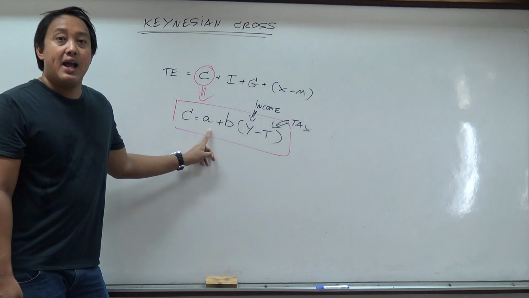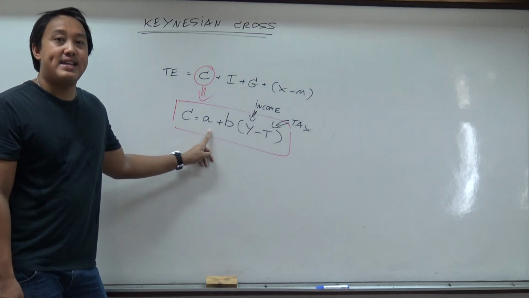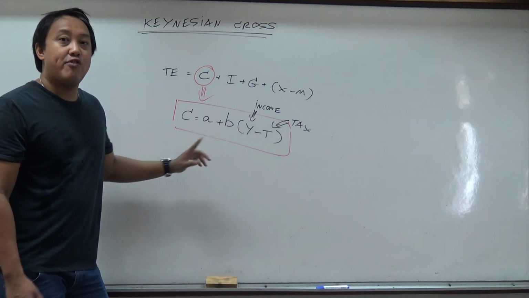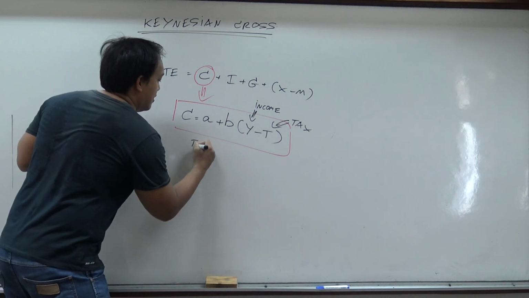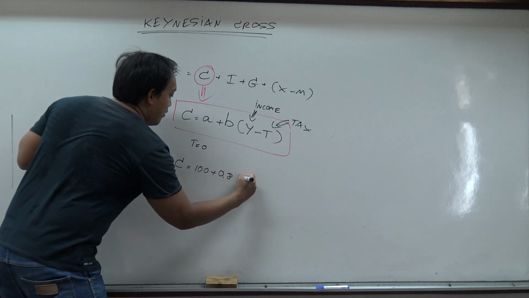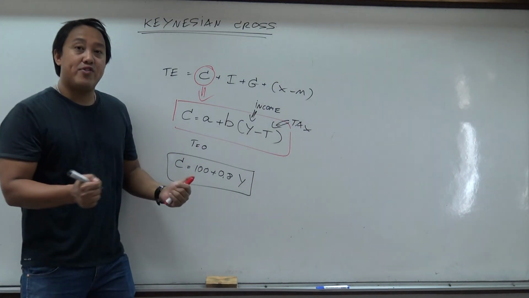A is the minimum money that you need in order to survive a day. For example, if I assume that we have no tax, C equals 100 plus 0.8Y.